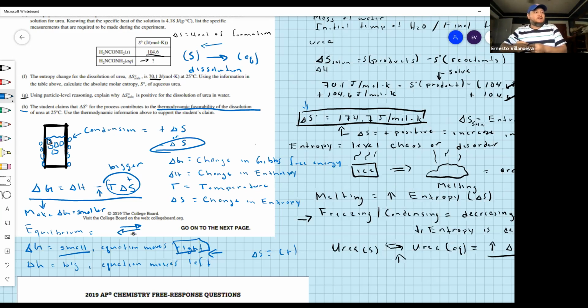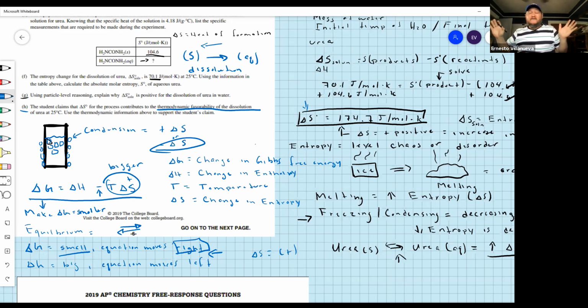So to answer this question: because we have a positive change in entropy, it's going to make delta G, or Gibbs free energy, a smaller value. And because delta G is smaller, it's going to favor the dissolution of urea, pushing the reaction to the right.